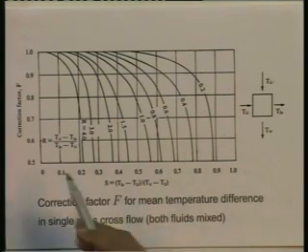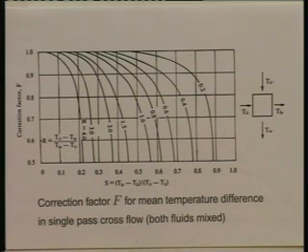Similar results, but of course, numerical values are different. So, depending upon which cross flow case you have, you will go to the appropriate figure and read off the values of f. That is the point I want to make. We will do a numerical example, so that you will be able to learn how to use these graphs.